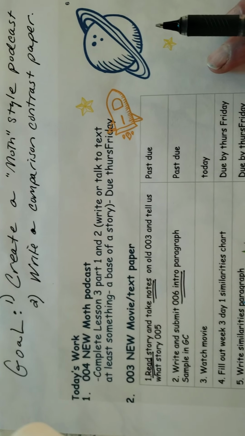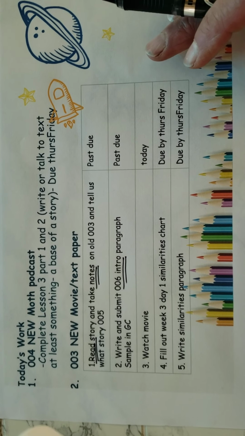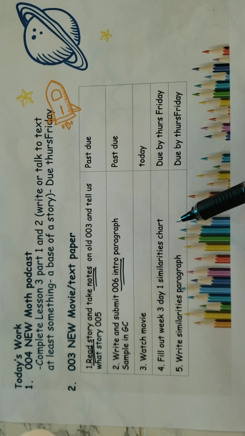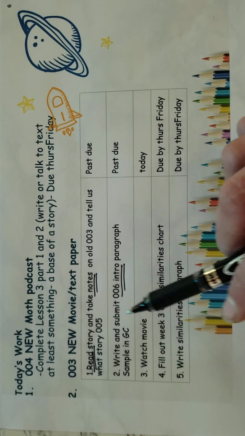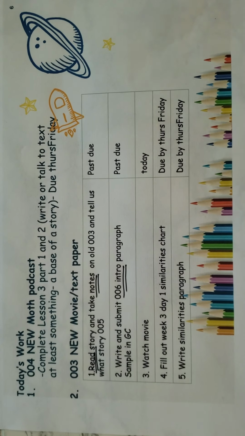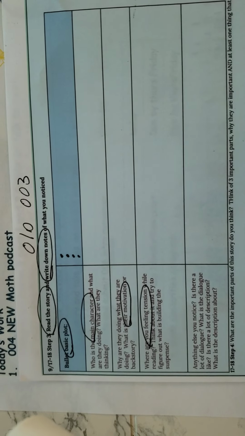So in the PowerPoint slide show, there is a series of what you are supposed to do. For the movie text comparison paper, the first thing you had to do was to read and take notes. It would look like a paper that looked like this on the old 003.